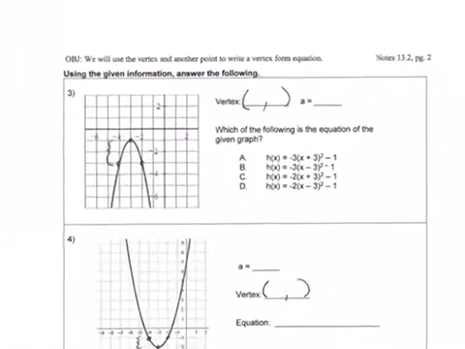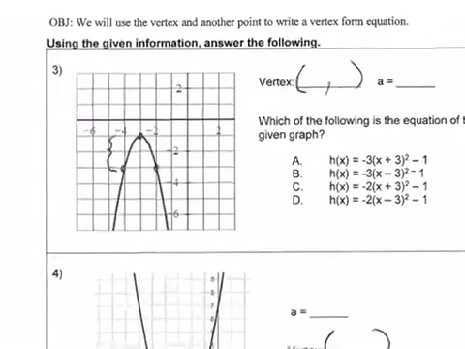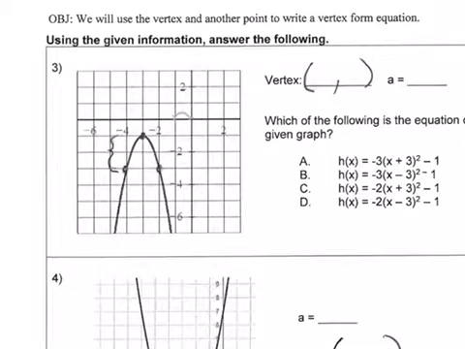So on page 2, problem 3, they've asked us for the vertex. So my vertex is negative 3, negative 1. And remember that the vertex is where you would stand on a mountain or sit in a swing. My a value, this one's a little weird, and we're going to get into this more in the next unit.